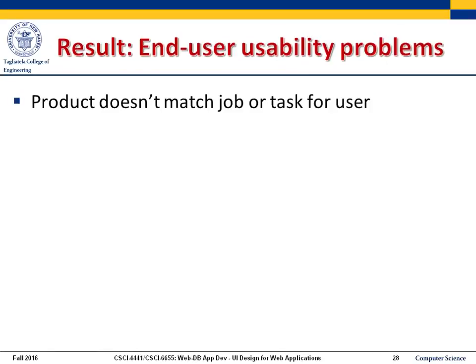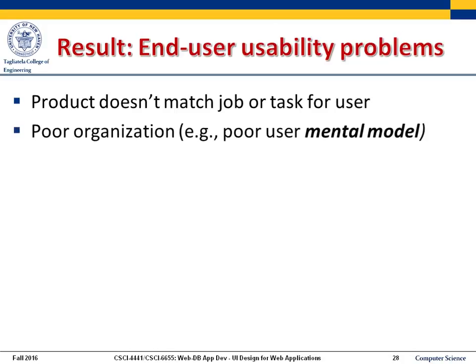What else? So the result is the product doesn't match the job or the user's desire. Again, if you take the other class, you'll learn about mental models. There's a way a person will interact with a product, whether it's an alarm clock or a toaster or whatever it is, because they're building mental models of how they understand it should work by what you as the designer show them.